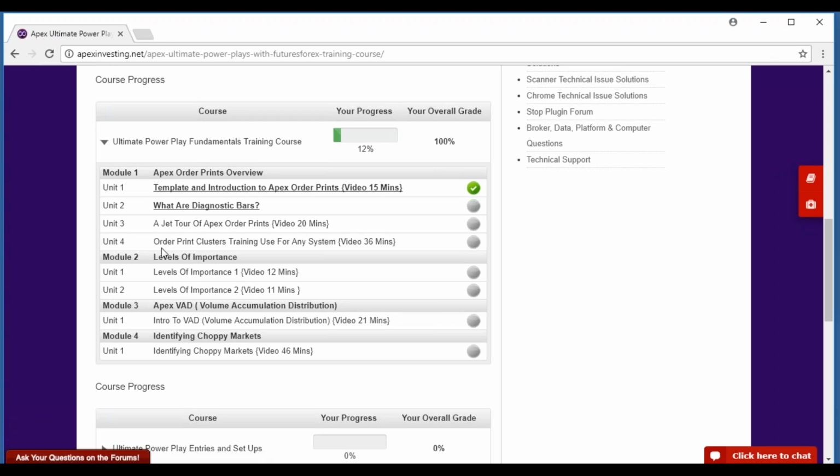right here? Order print clusters. Do you remember in that clusters training, I talked to you about when you see other clusters? I talked to you about after those big runs, divergent bars, remember? We talked about, okay, you're in this big run down, you get another cluster, you get a divergent colored bar, you're at a level, what do you think I'm doing right here?